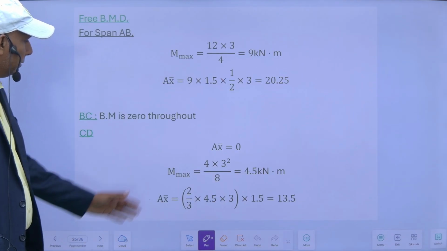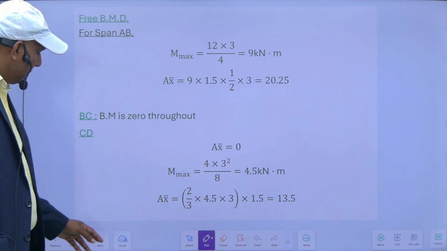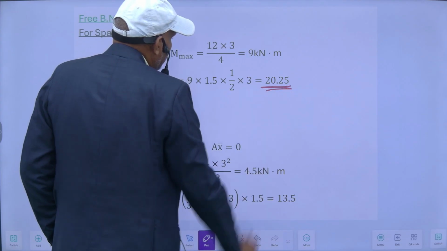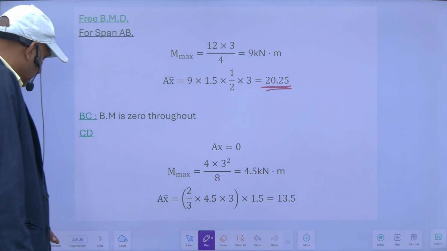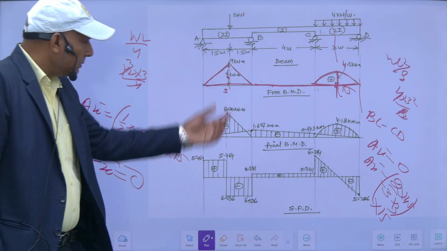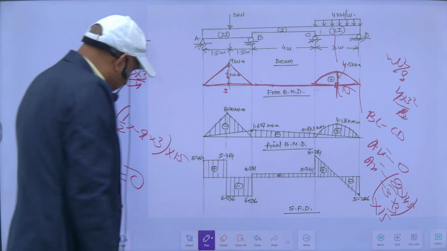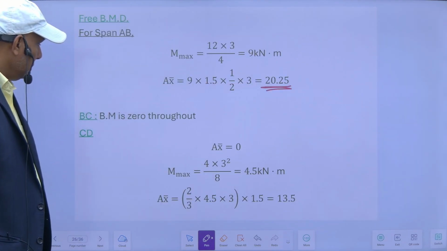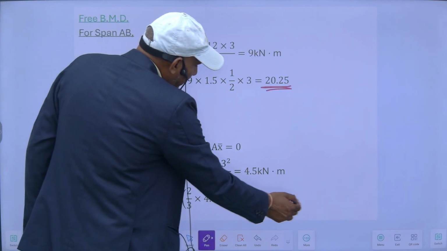So this AX bar will be 20.25 for this portion, and for this portion it will be 13.5.